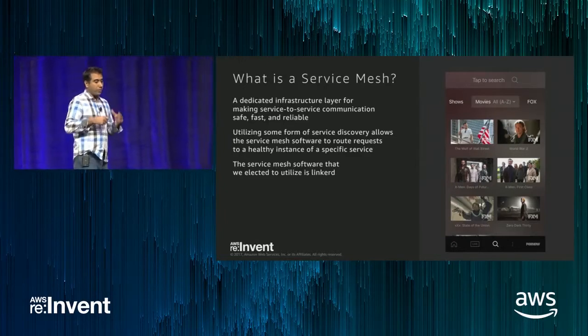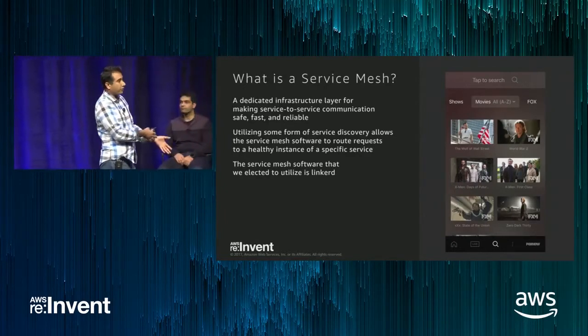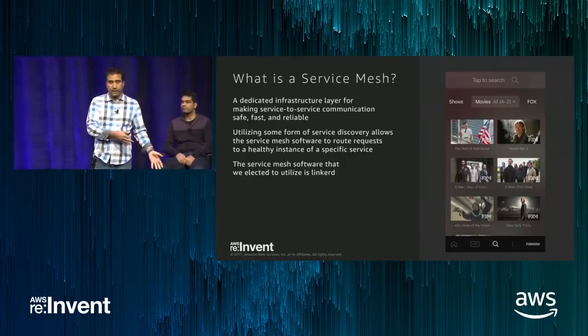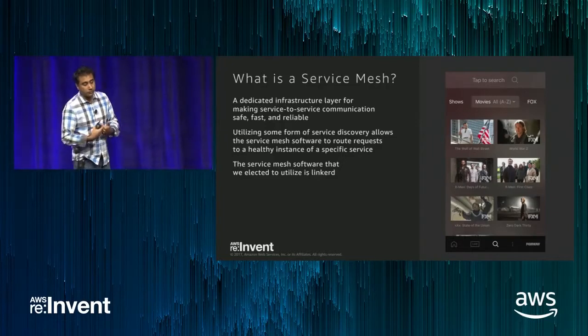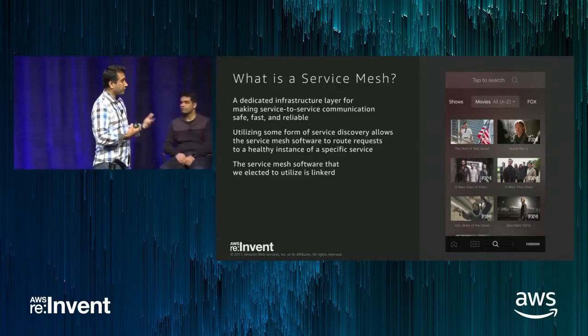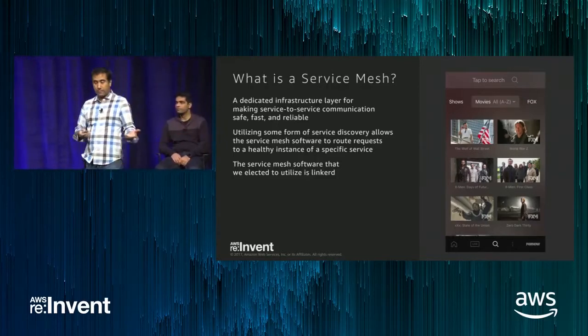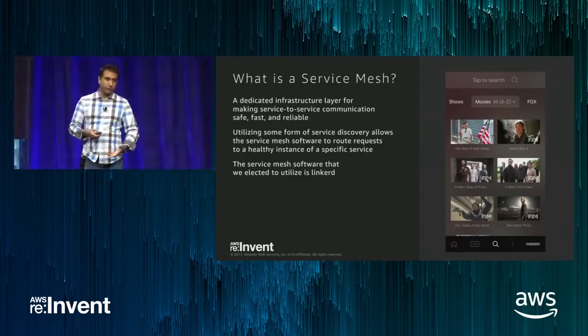So what that means is you are going through some layer of software that can find your services, right? So utilizing some form of service discovery allows the service mesh software to route requests to a healthy instance of a specific service. So if you've got service A trying to talk to service B, we would go through the service mesh layer. It would find out where service B is.